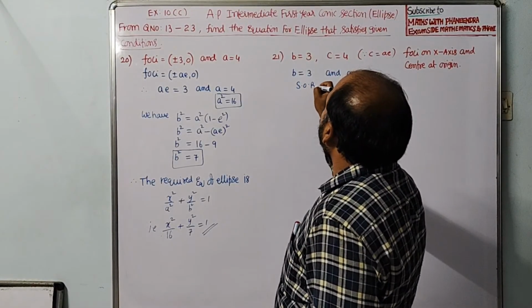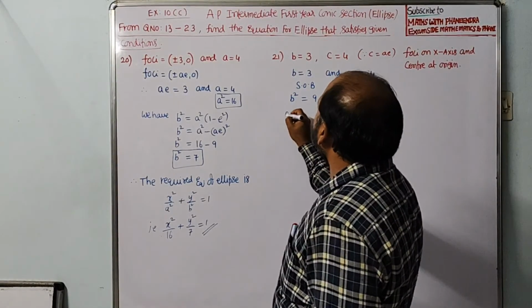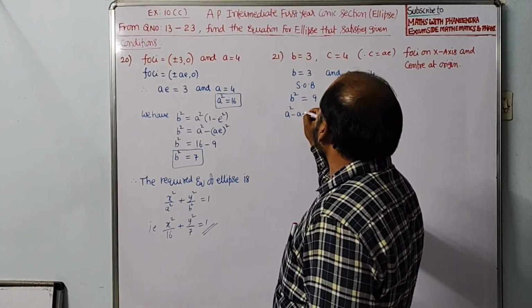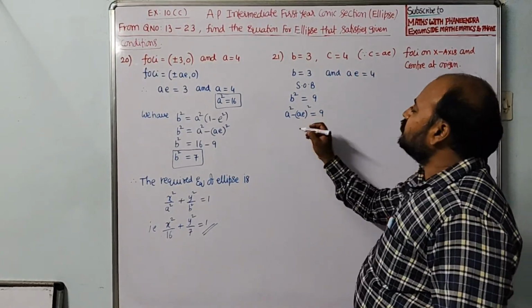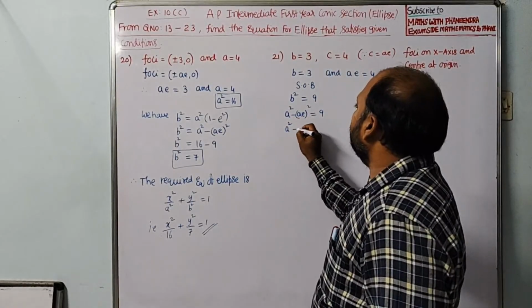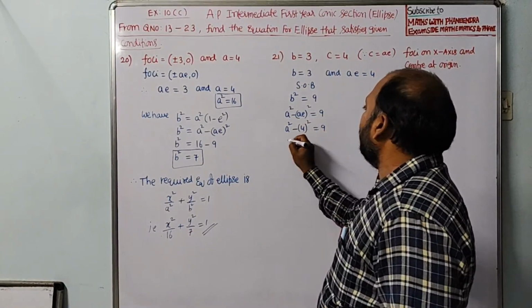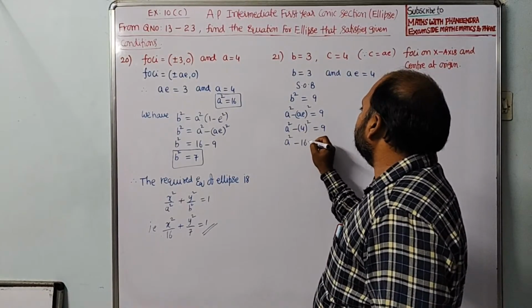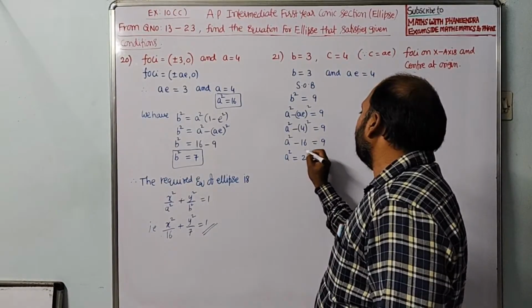Squaring on both sides, B square equal to 9. B square means A square minus AE whole square is equal to 9. AE value substitute in this: A square minus 4 square is equal to 9. A square minus 16 equal to 9. A square equal to 25.